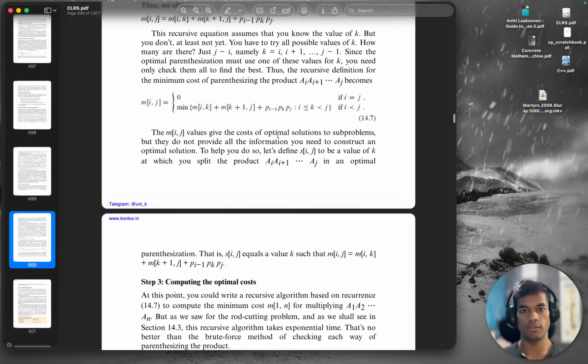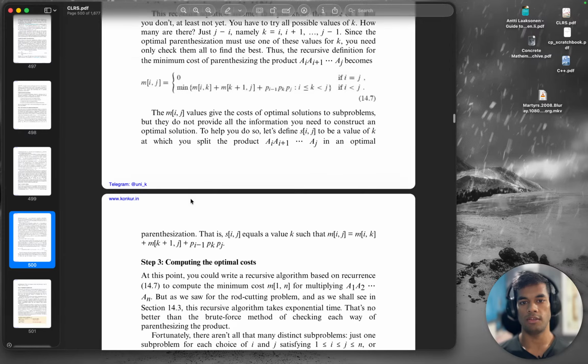The mij values give the costs of optimal solutions to subproblems, but they don't provide all the information you need to construct an optimal solution. If you want to construct an optimal solution, we would need some extra information.